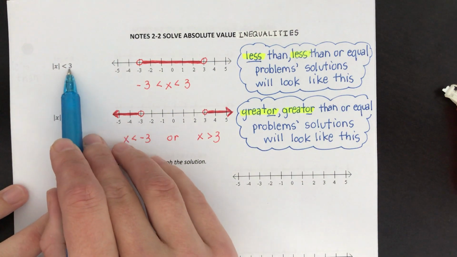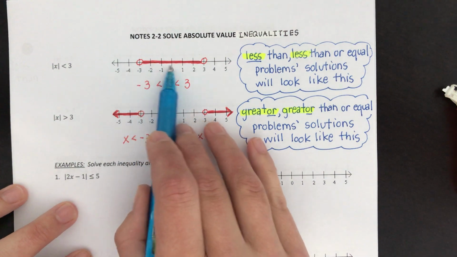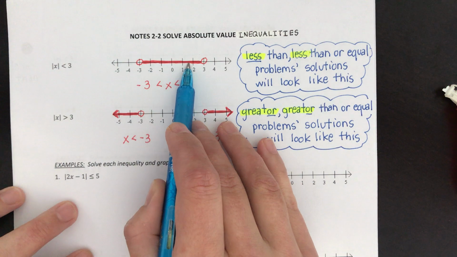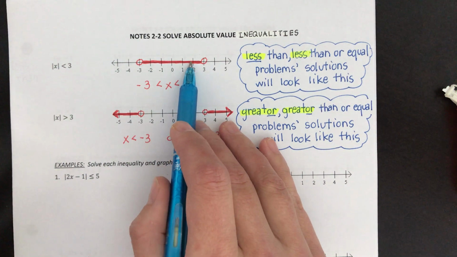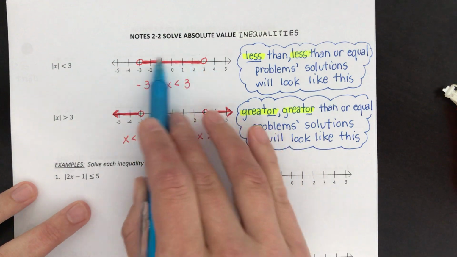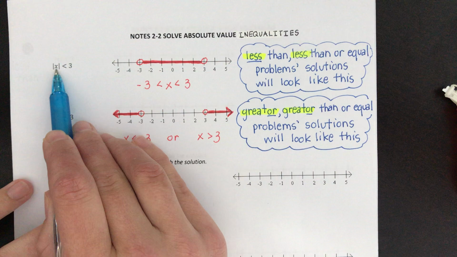Is that a true statement? Yes. Similarly, I could pick 0, or 1.5, or any number within this shaded region, and when I plug it in, that would create a true statement.